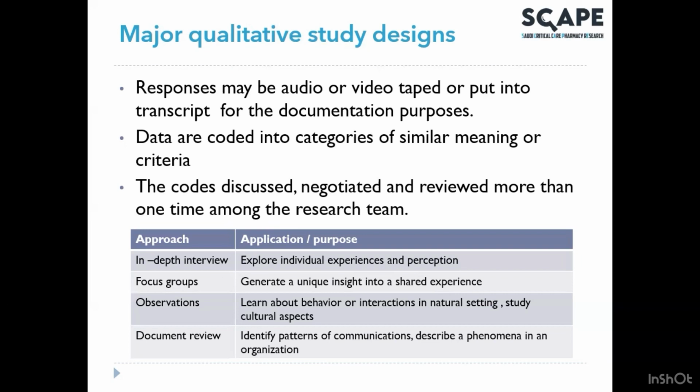Or it can be a document review. One example of qualitative research that used document review is research based on tweets, for example, or based on the interaction of people in social media.